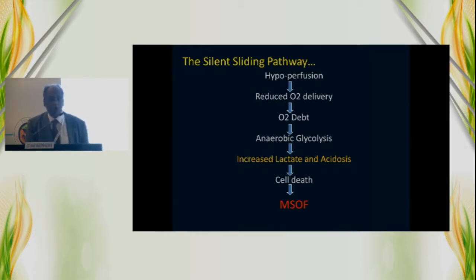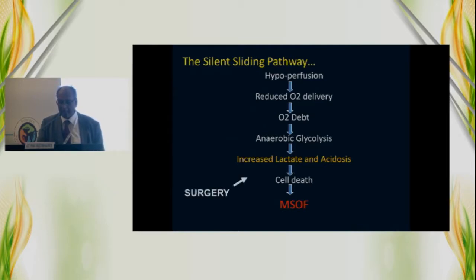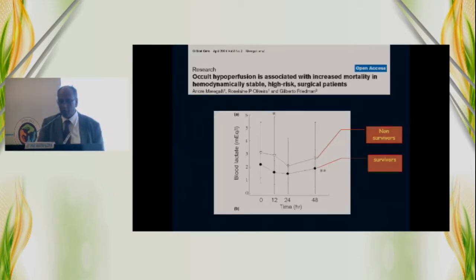This leads to oxygen debt, which then leads to anaerobic glycolysis, which causes increased lactates and acidosis, cell death, and multi-system organ failure. And if in this situation you add the trauma of surgery, it can amplify the problems that are caused. So occult hypoperfusion is associated with increased mortality even in hemodynamically stable patients.